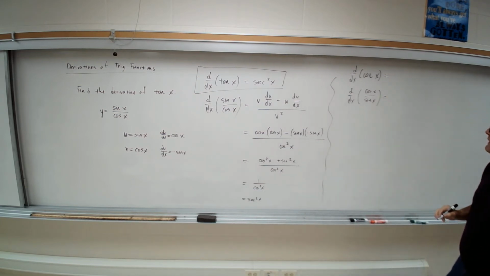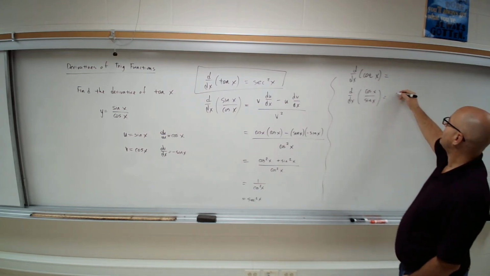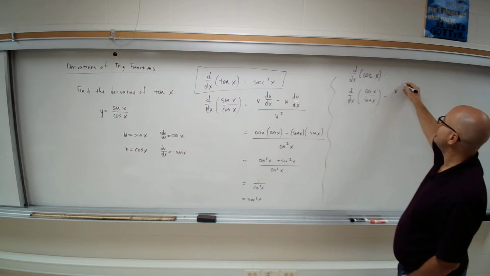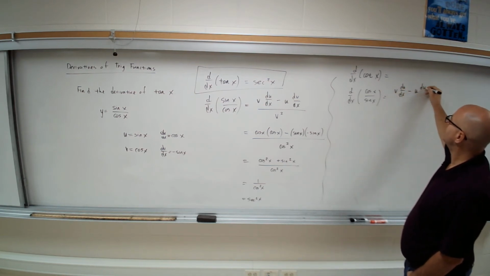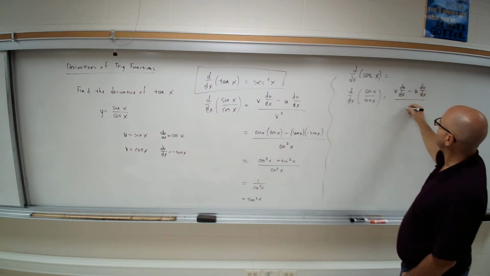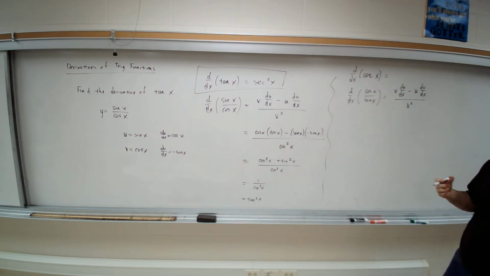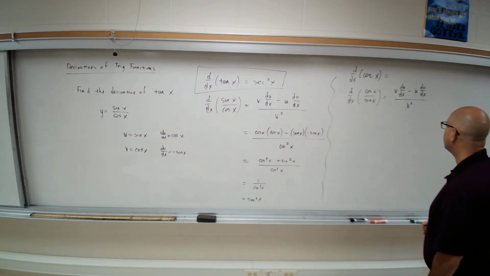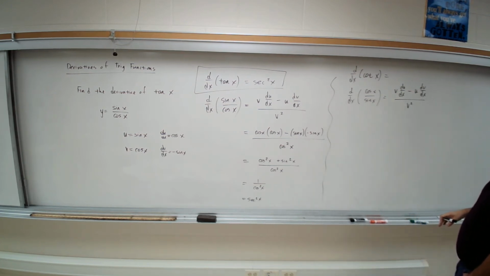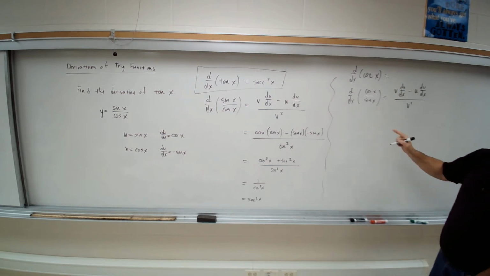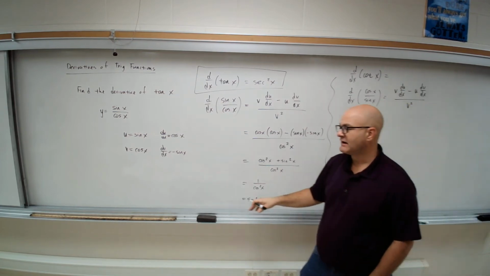So when we do that, we're going to do v du dx minus u dv dx over v squared. So probably still beneficial to write our steps out here. As we look at this, we know that u is going to be our cosine function, correct?